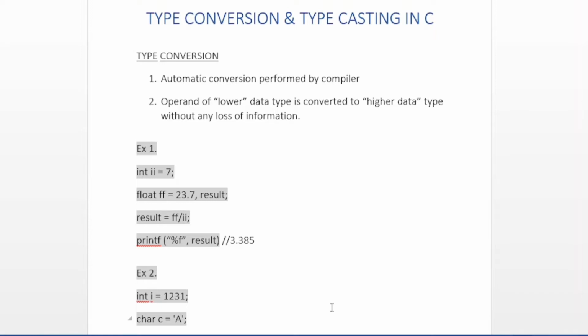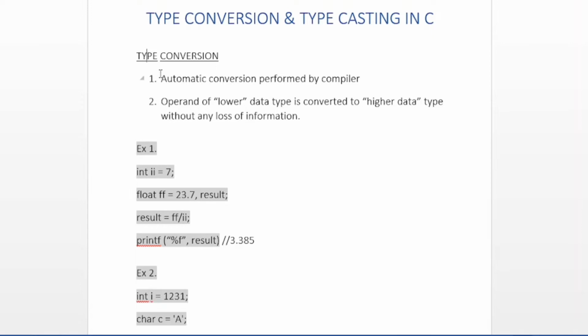The compiler will do these conversions between data types automatically without human intervention. However, in typecasting, we use the cast operator on a particular variable to convert it to some other type to avoid loss of information. Now let's first discuss type conversion.